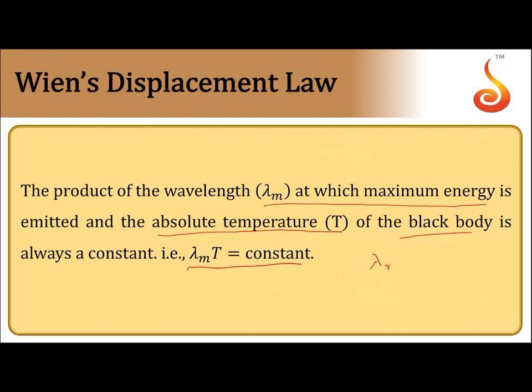You can write it as lambda m is inversely proportional to T, or lambda m into T is equal to constant. This constant is denoted by B. The value of B is 0.029 meter Kelvin.